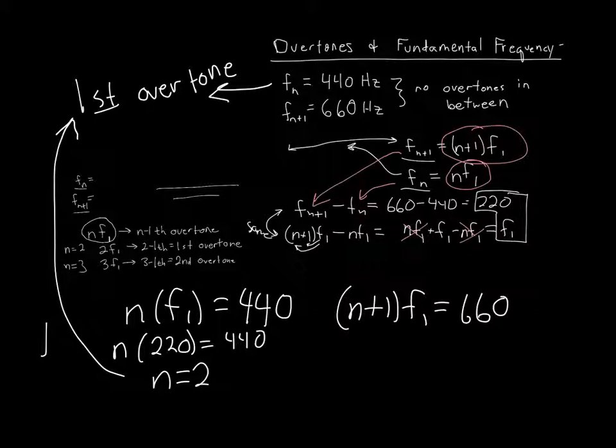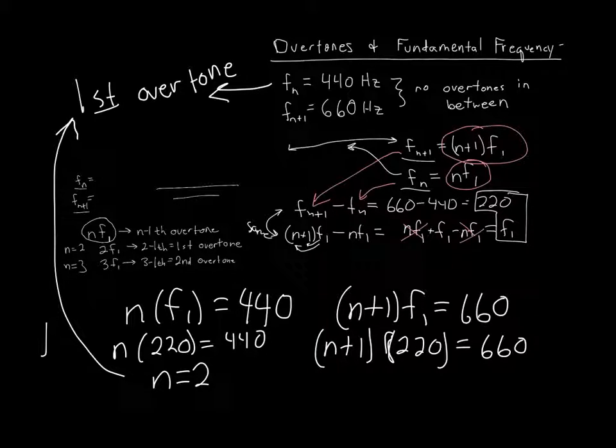Then we can check the other one. We can check n plus 1 times f sub 1, which is now 220. We can plug that in so we can figure out what this next overtone is going to be, equals 660. So we divide both sides by 220 and solve this for n, and we again find n is equal to 2.